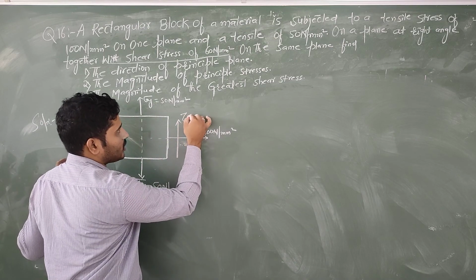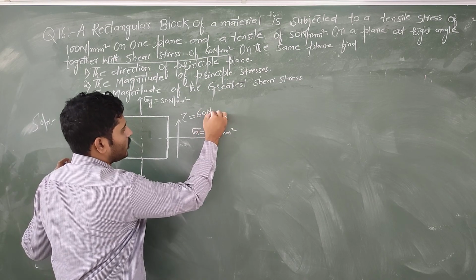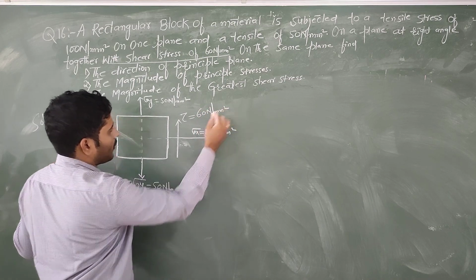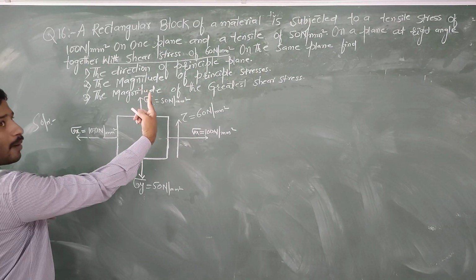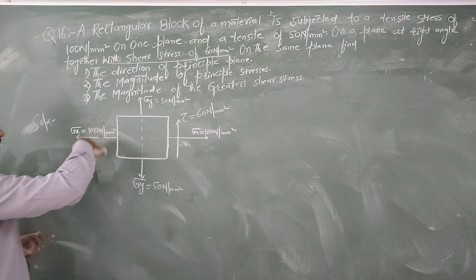It is represented as tau equal to 60 N/mm². If it acts upward, it rotates in the anti-clockwise direction.